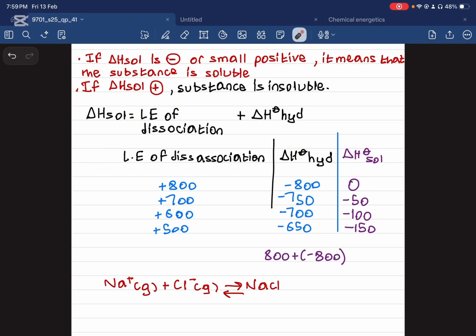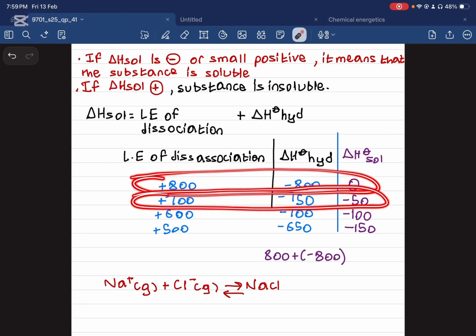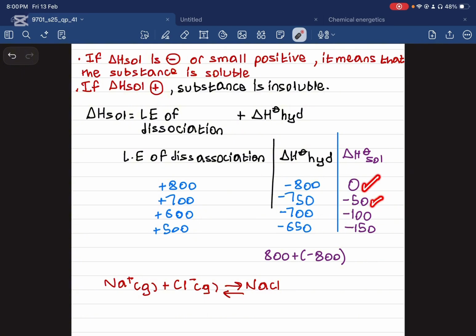Suppose this was for calcium hydroxide and suppose this was for barium hydroxide. In which case is the enthalpy change of solution value more exothermic or more negative? In the case of barium hydroxide, and remember, more negative enthalpy change of solution value means more solubility. The more negative it becomes, the more soluble it becomes.